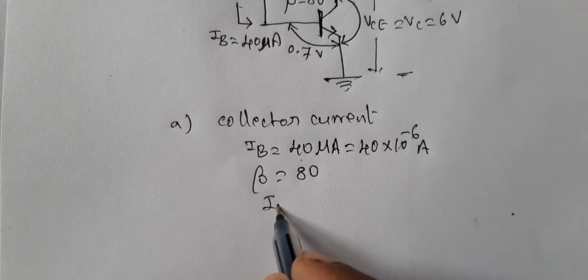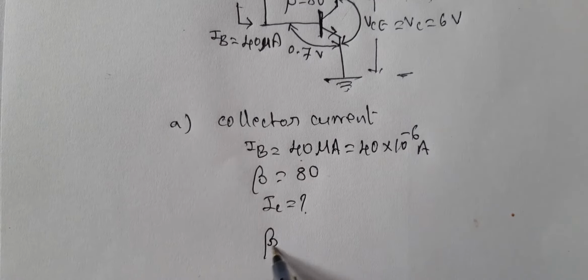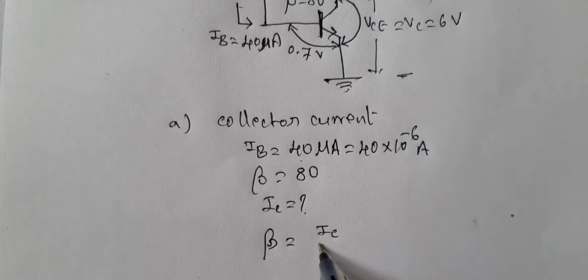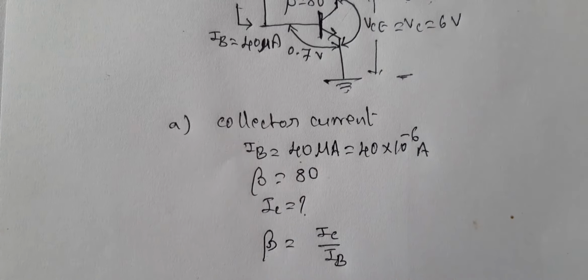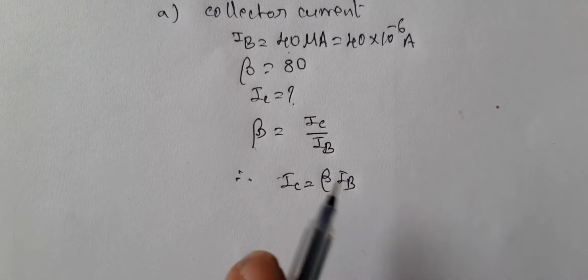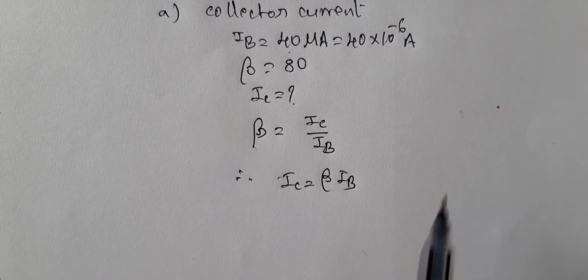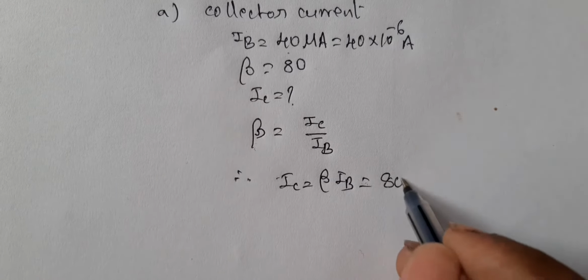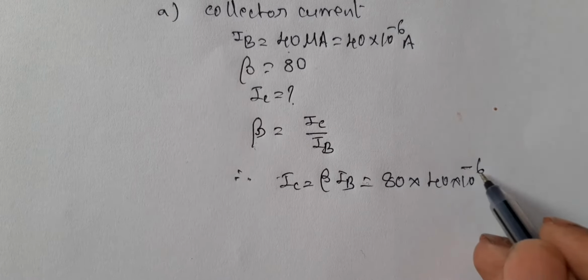What is the collector current? You know from the definition, beta is the current gain in common emitter mode. Beta is equal to IC divided by IB. Therefore, IC is equal to beta into IB, where beta is 80 and IB is 40 into 10 power minus 6.